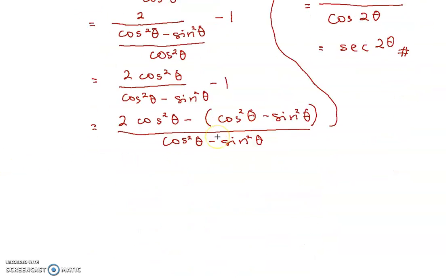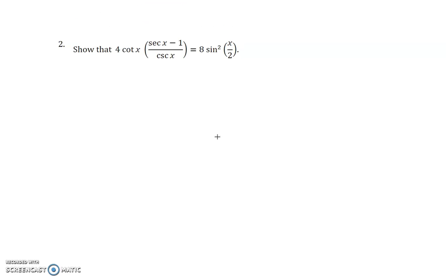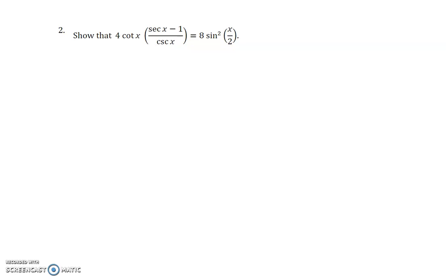So let's take a look at question number 2. This is also a proving question. It says here, show that 4 cot x, secant x minus cosecant x is equal to 8 sine squared half x.